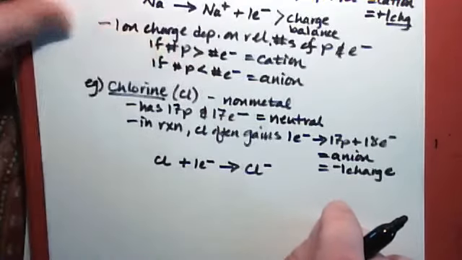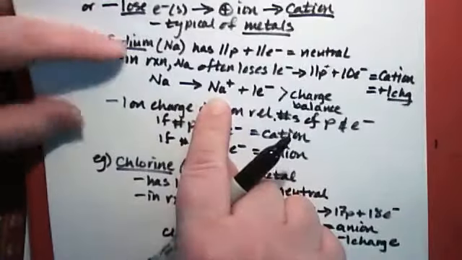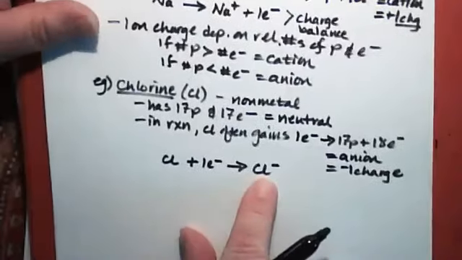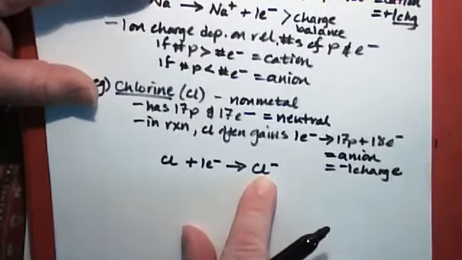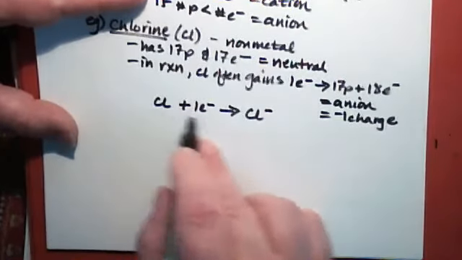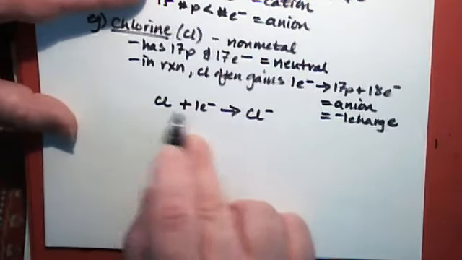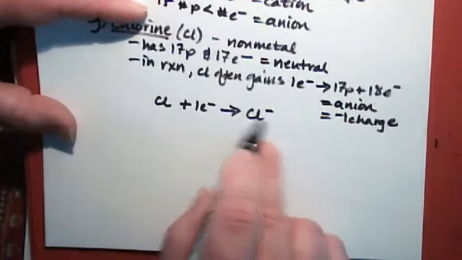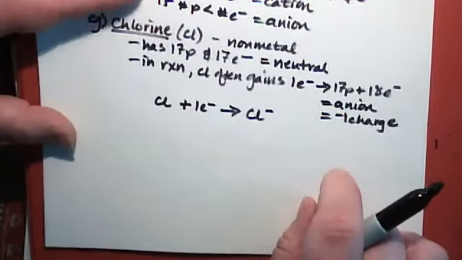So an Na+ ion is just called a sodium ion, but Cl- is called a chloride ion, not a chlorine ion. Notice that the charge does balance here. You've got a total charge of -1 on the left and a total charge of -1 on the right. So everything works out and everything is happy.